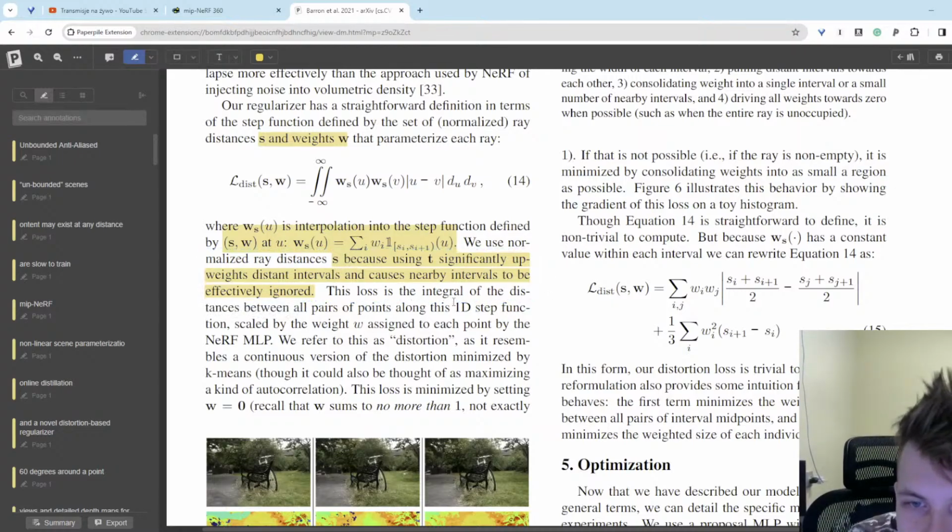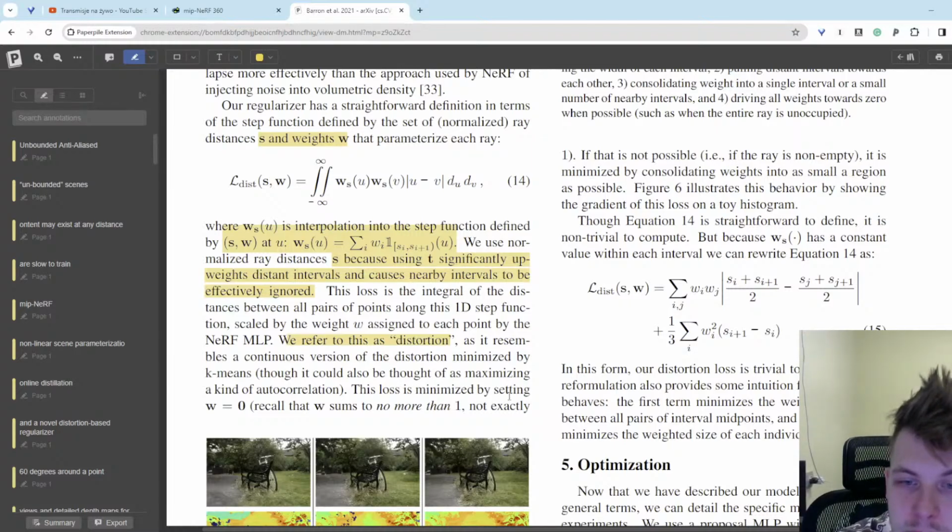This loss is the integral of the distance between all pairs of points along this 1D step function, scaled by the weight W assigned to each point by the NeRF MLP. We refer to this as distortion, as it resembles a continuous version of the distortion minimized by k-means, although it could also be thought of as maximizing a kind of autocorrelation.